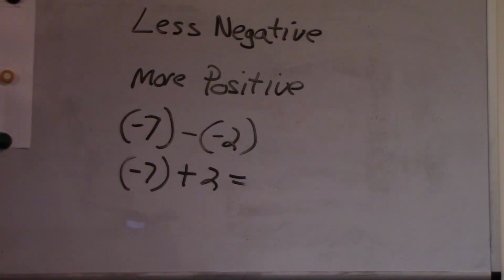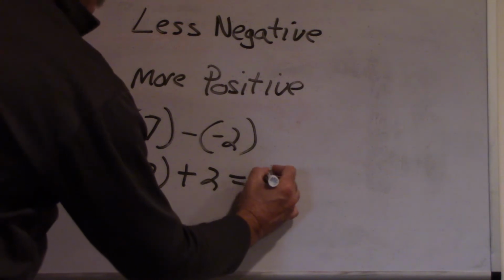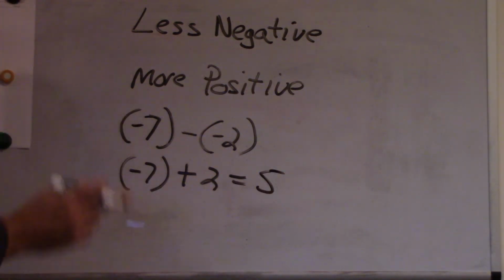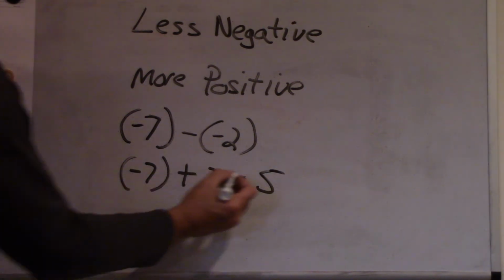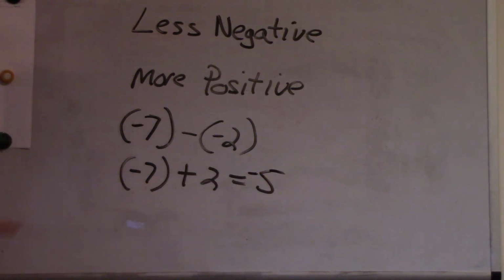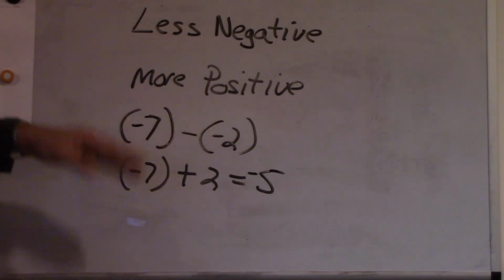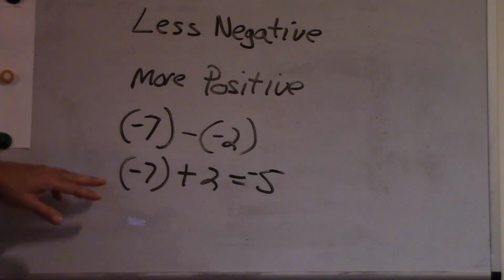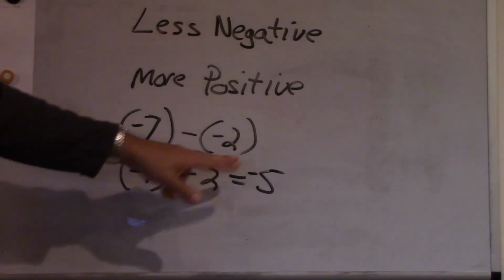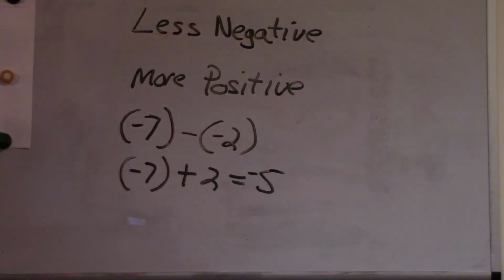The difference between 7 and 2 is 5. 7 is a greater absolute value. It is a negative, so our answer is negative 5. Negative 7 minus negative 2, so negative 7 less negative 2, makes it negative 7 plus 2, or negative 5. You good? All right, let me give you another one.